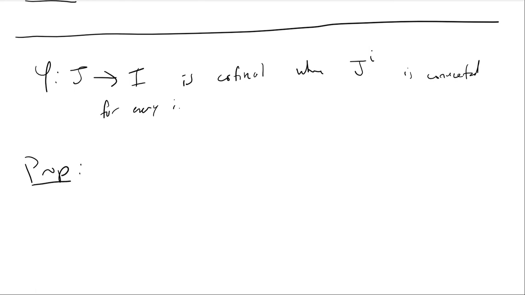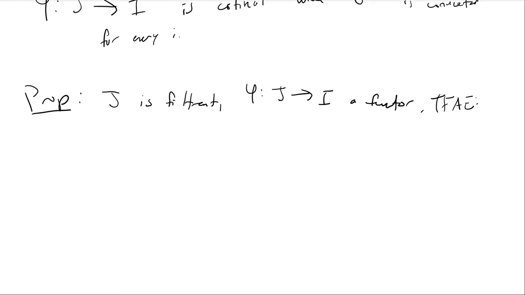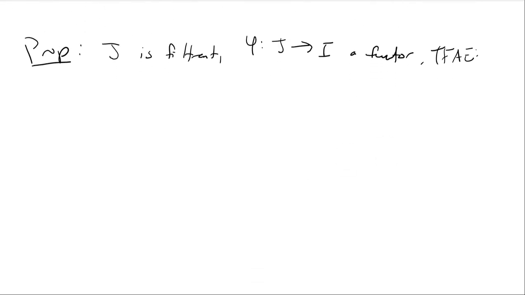So we have a proposition. Suppose J is filtrant, and phi from J to I is a functor. Then the following are equivalent. First, phi is cofinal. Second, J_i is filtrant.